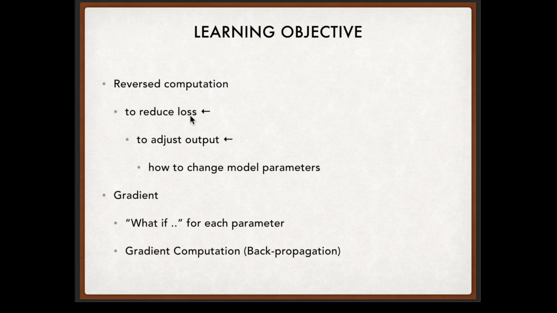So the computational steps are reversed, and therefore it is named backward propagation. Mathematically, what we want to do is to compute the gradient of the loss function with respect to the model parameters.